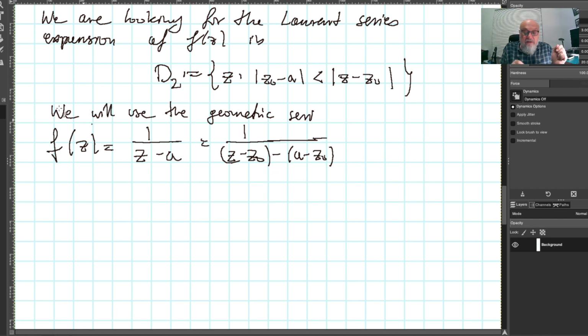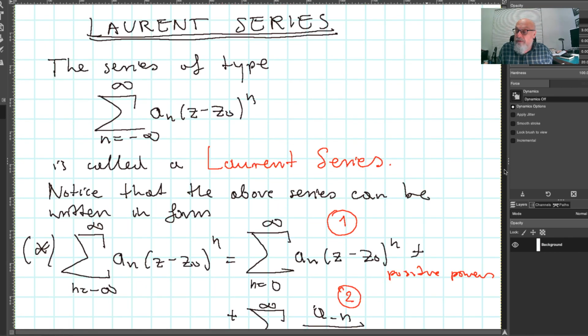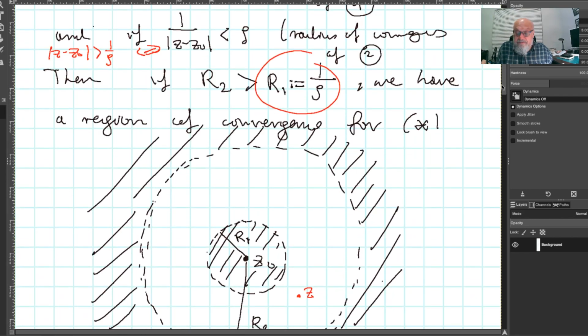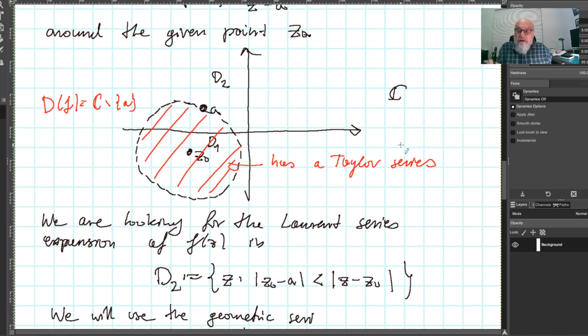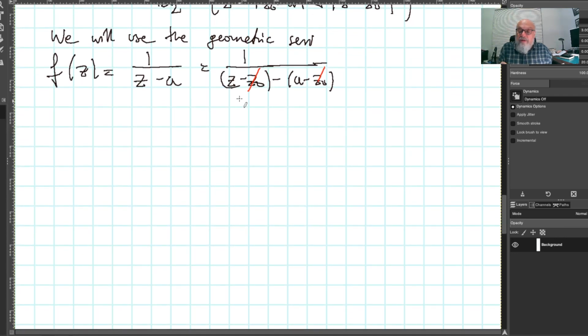Clearly that one will cancel that one, so that's correct. Now I look at the picture, and what do I see? My z belongs here, and the distance between z and z0 is larger than the other one. So in such a case, that one will be the larger, and that one will be smaller. So I will pull out the larger one, and I will get this expression.